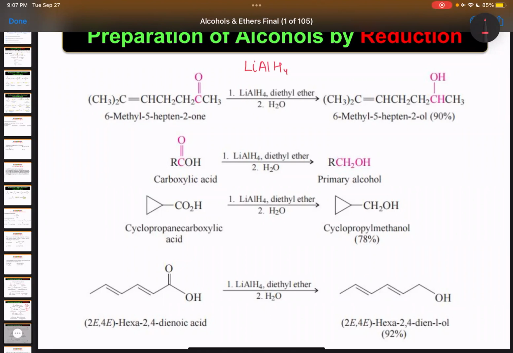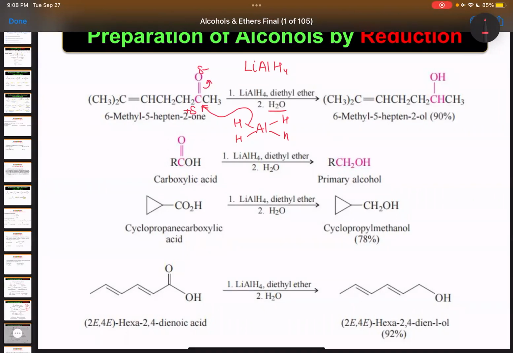Actually, these are hydride ions. So if you talk about the reduction, it is the addition of H minus. H minus comes out and attacks the partially positive carbon of C=O. That's how the reduction takes place.